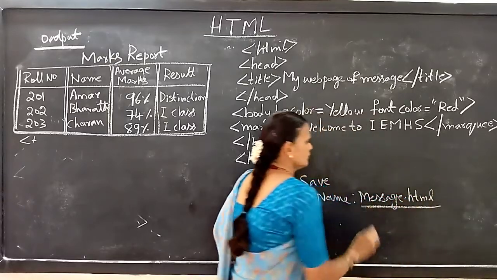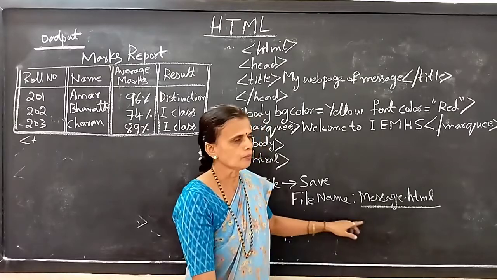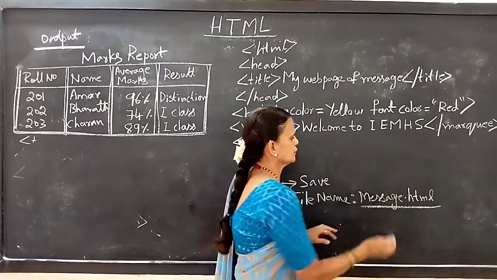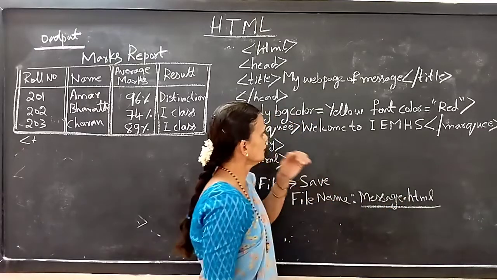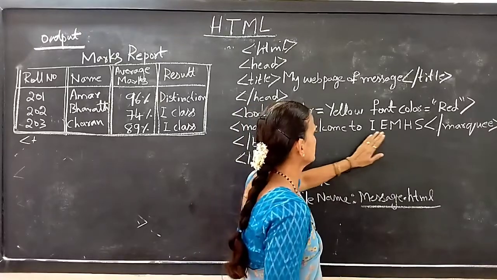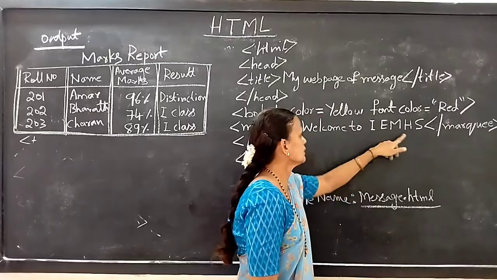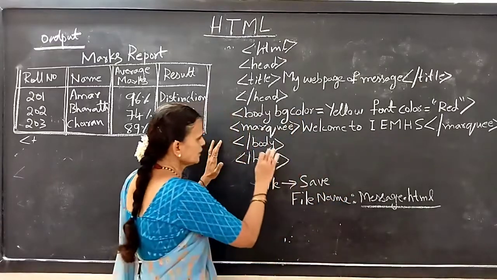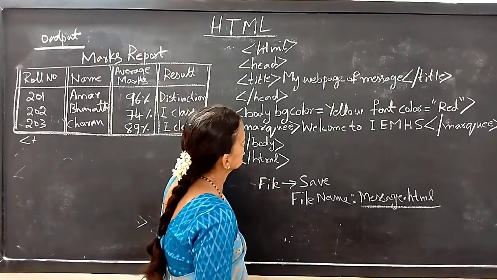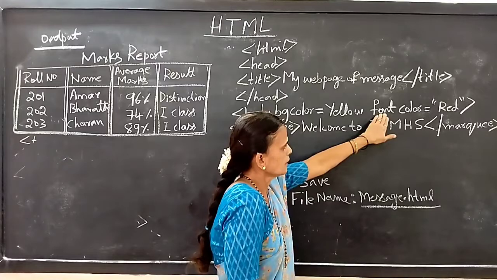Then we can use Mozilla Firefox or Google Chrome and open this file message.html and see that you get the message like this: Welcome to Indrali English Medium High School. The color of the font we have mentioned here. Understood?